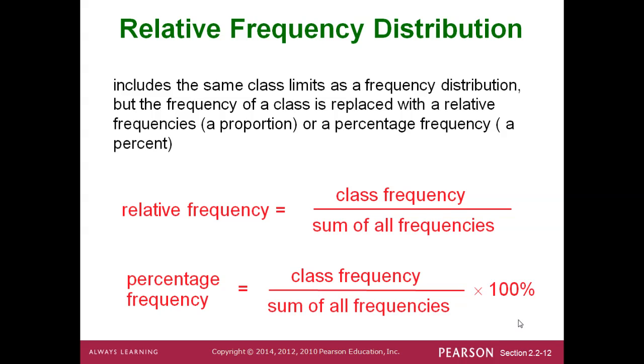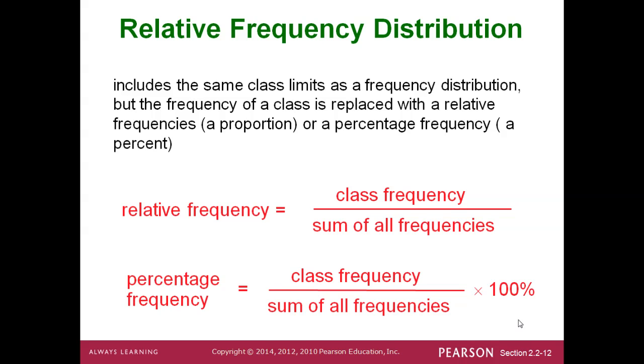Say you had data points 5, 7, 14, 6, and 2, or something like that, in your table. So these are your frequencies. You could do a relative frequency by taking that class frequency and dividing it by the sum of all frequencies.